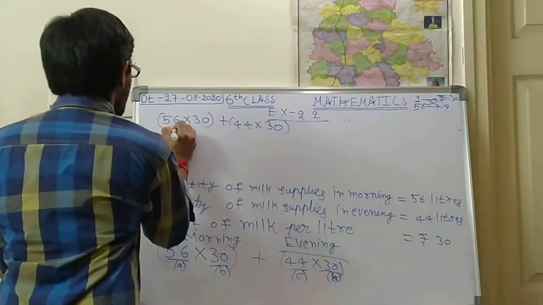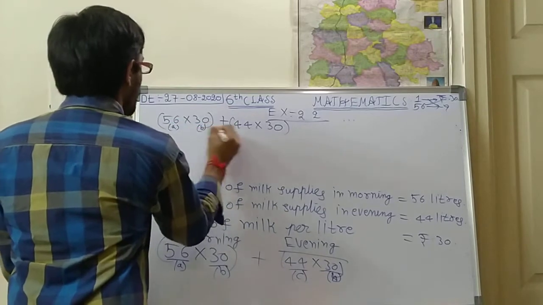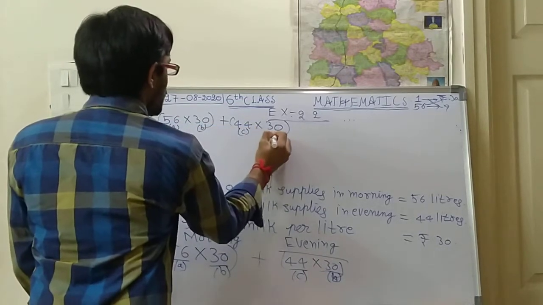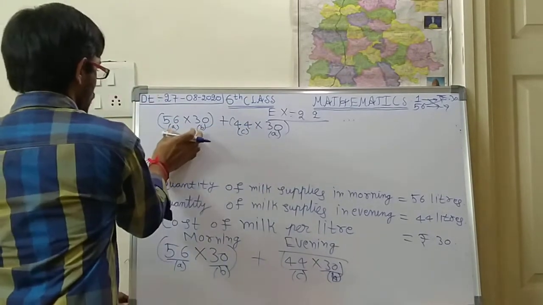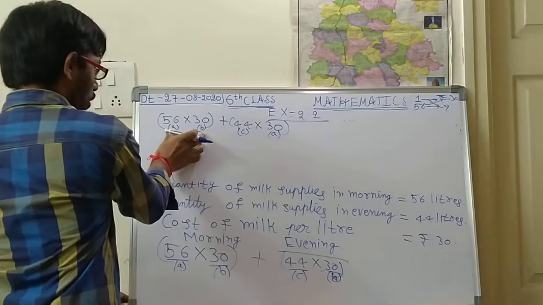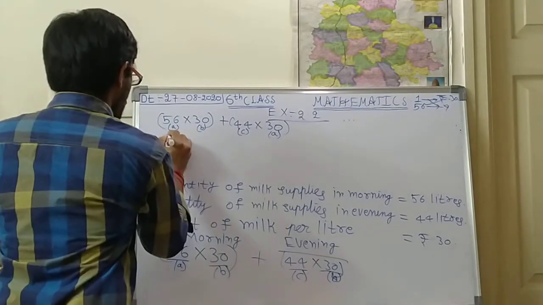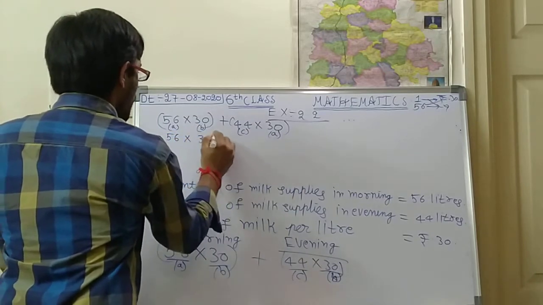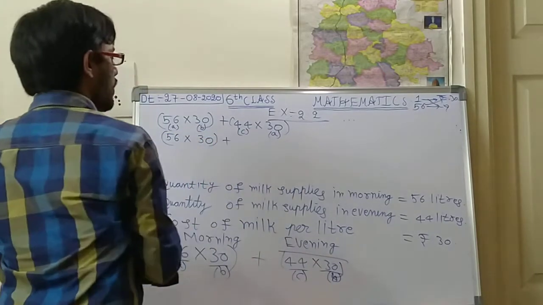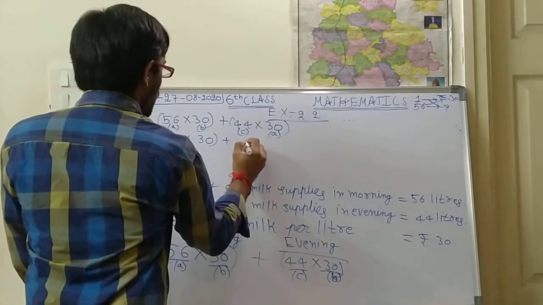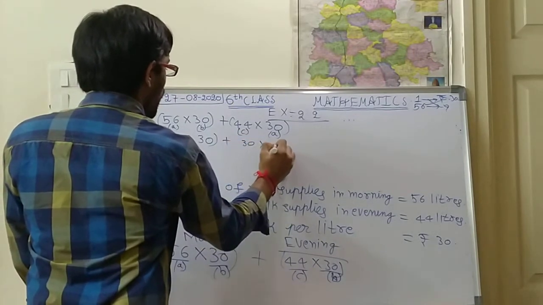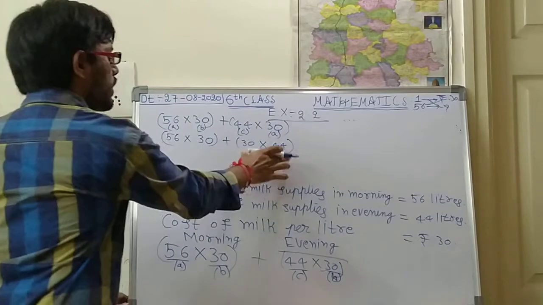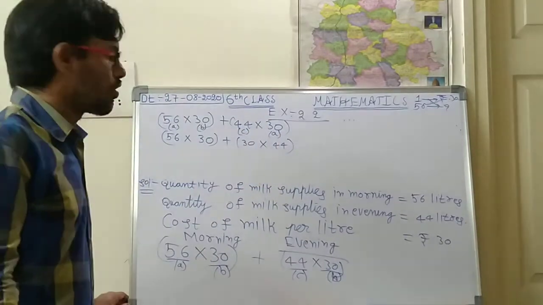Now suppose this is A, this is B, this is C. Now A into B. Now this one I am interchanging. So 56 into 30 plus 30 into 44. If I interchange, is there any problem? No problem.